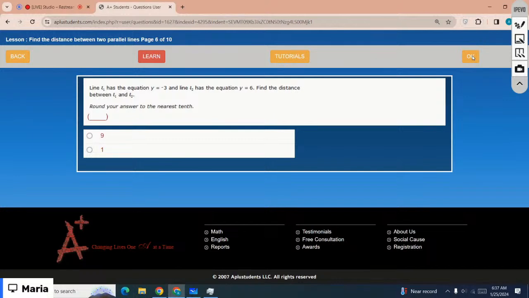Line L1 has the equation y equals negative 3 and L2 has the equation y equals 6. Find the distance between L1 and L2. Yes, the correct option is 9.